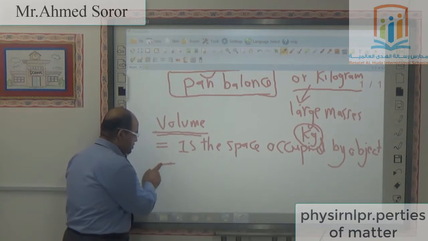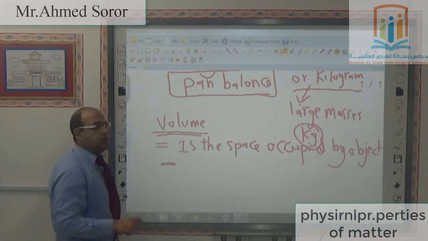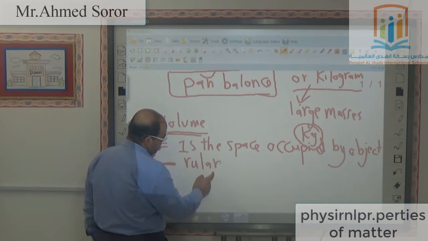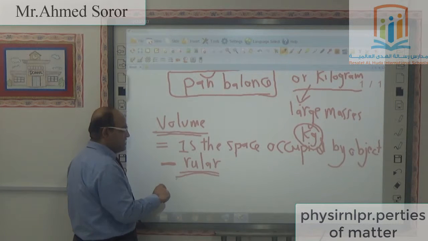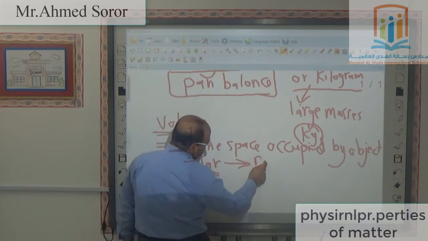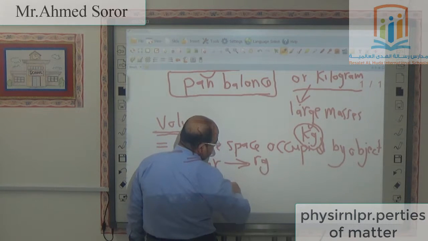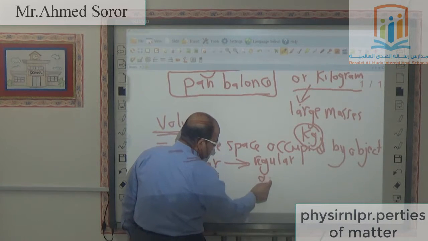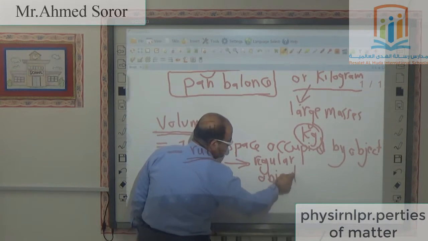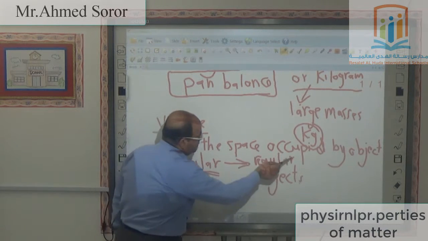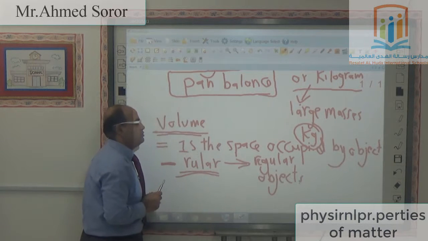The tools used to measure the volume of an object may be a ruler, used to measure the length dimensions of regular objects.